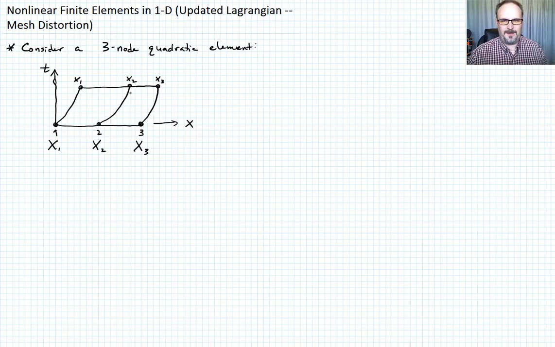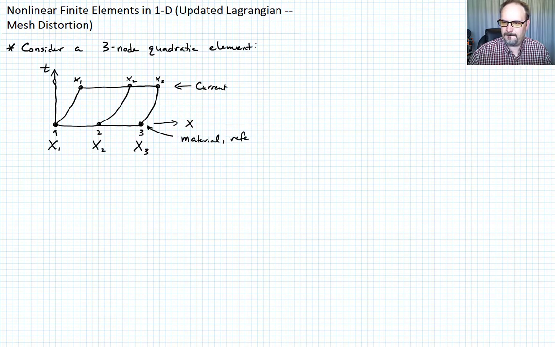But since we're going to talk about Gauss quadrature in this case, we need to have another label. So this location is our current coordinates. And this set of elements at time t equals 0, these are our material or reference coordinates.